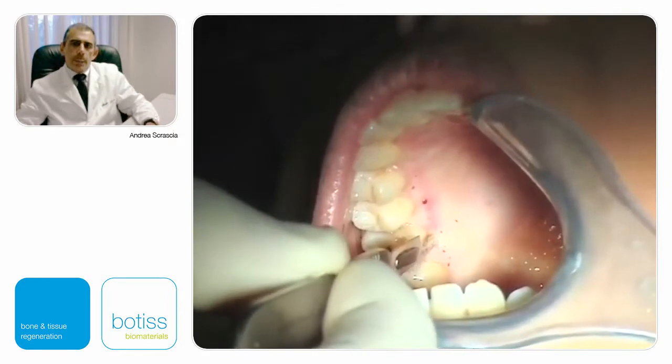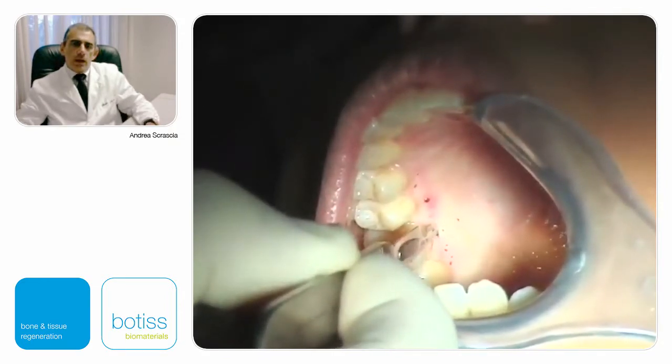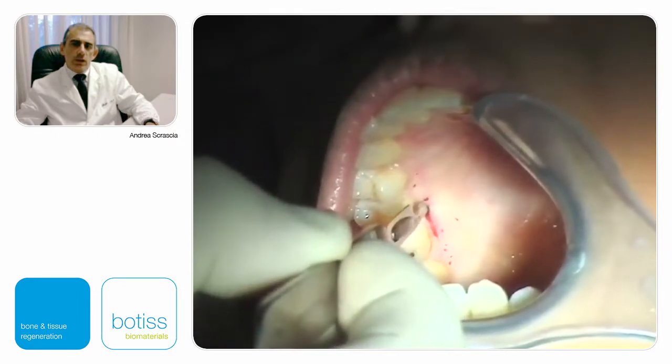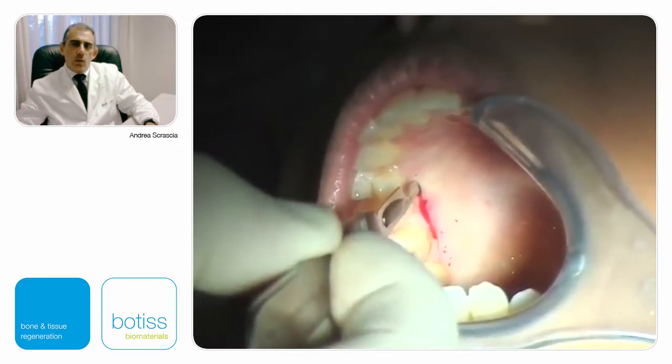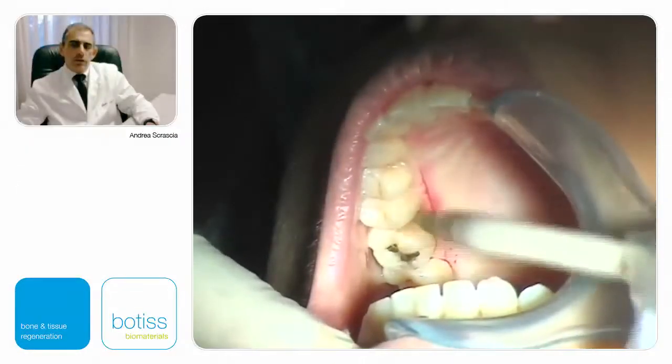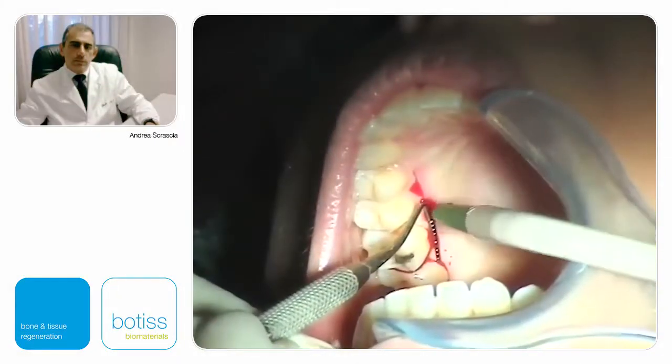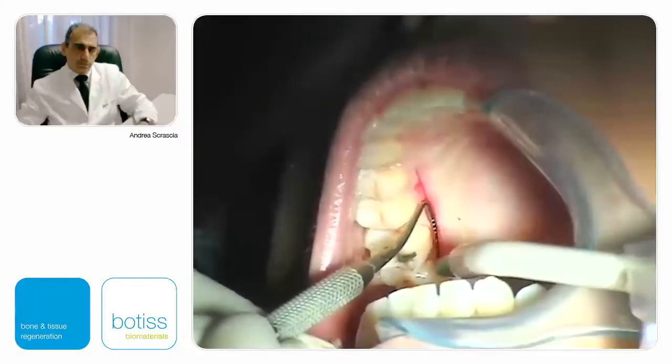Then the first linear incision, after measuring with a periodontal probe the amount of tissue needed, exactly like this.